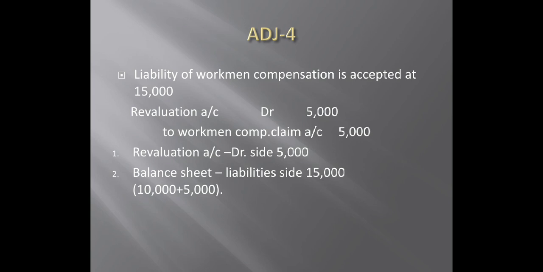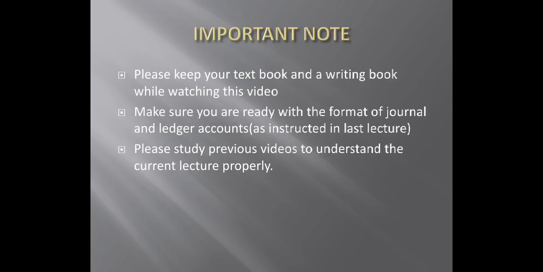You can well understand the journal entry, but let us talk about the amount. What about 5,000? Please check your old balance sheet. You can see there very well, on the liabilities side, it is workman compensation reserve, which is of 10,000. And in your adjustment, they say that the liability for workman compensation is accepted at 15,000.